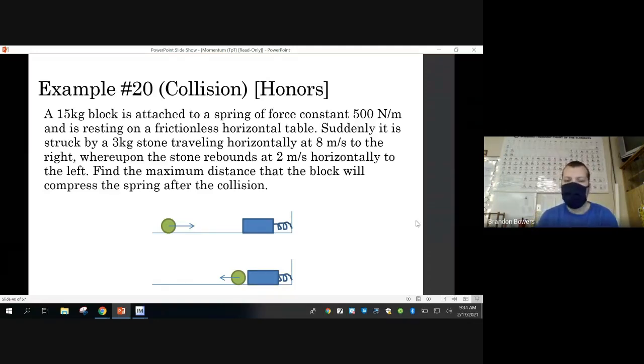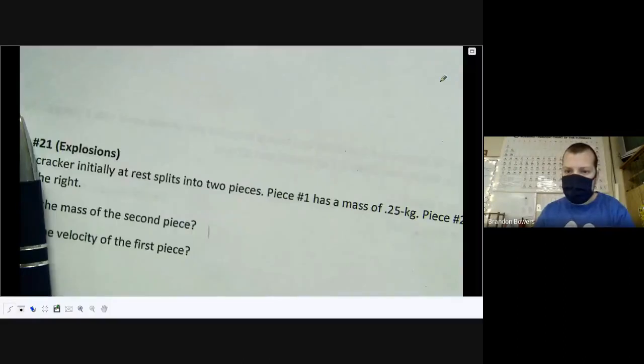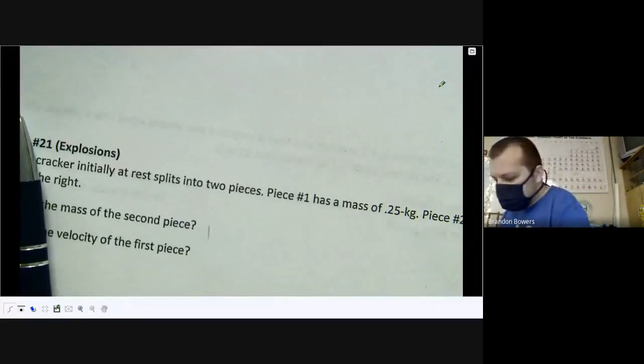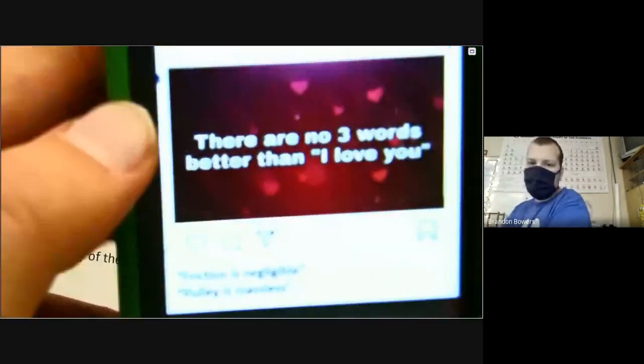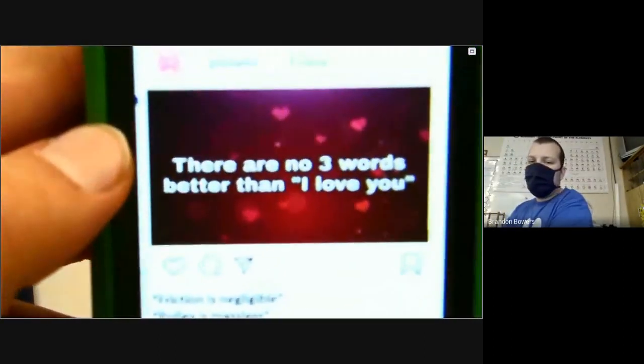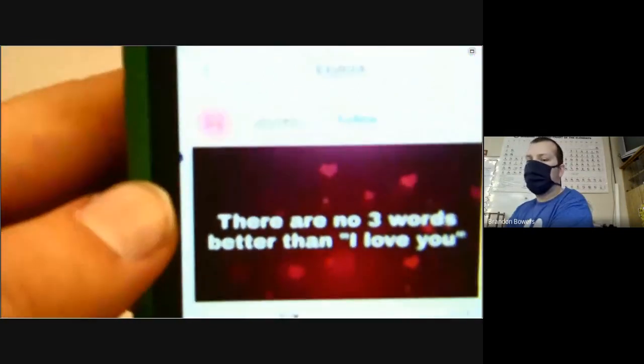Oh, fun fact. Do you guys do Valentine's cards? Anybody ever do those? Actually, I had to make one. I've got to show you guys real quick. We use these equations to make all different types of cards, infinity and all that. There are no three words better than I love you, right? If you're talking to a Valentine, there are no three words better than I love you.